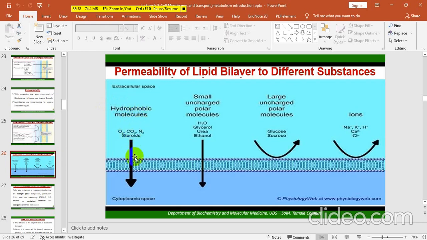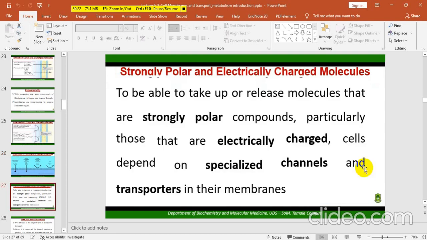These molecules can pass through the cell membrane because they have no charge and they are smaller size. These molecules are also able to pass through the cell membrane, ethanol, glycerol, urea, because they are smaller molecular weight. But glucose is big, sucrose is big, it cannot go through. Sodium, potassium, calcium ions have charges, so they cannot go through the cell membrane.